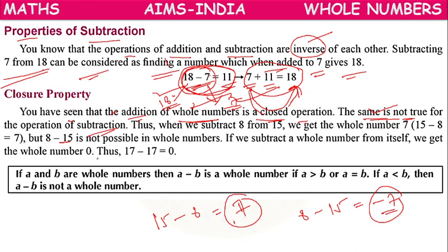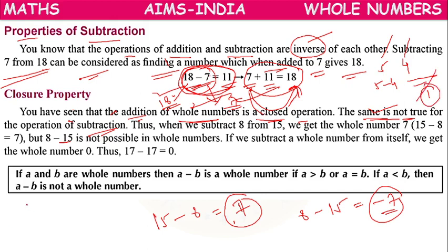Suppose we have numbers 5 and 4. 5 is a whole number, 4 is a whole number. 5 minus 4 equals 1, which is also a whole number.